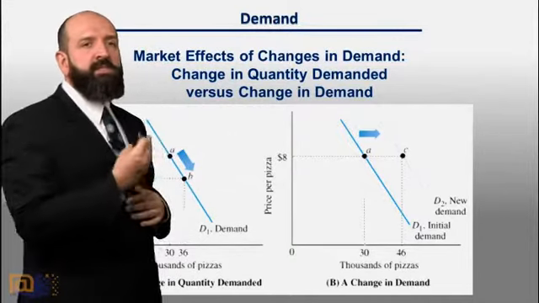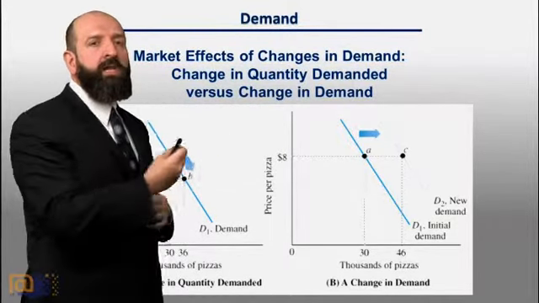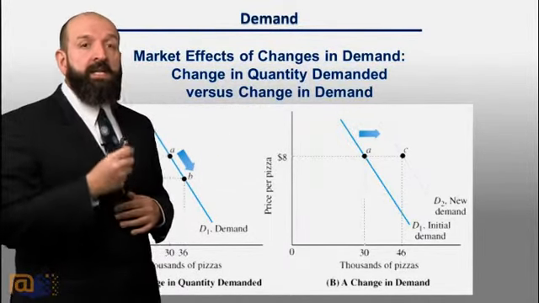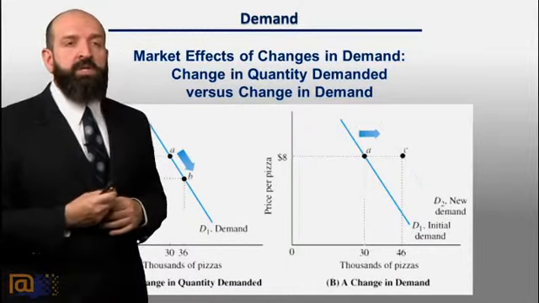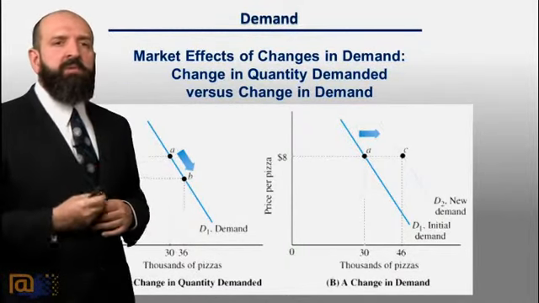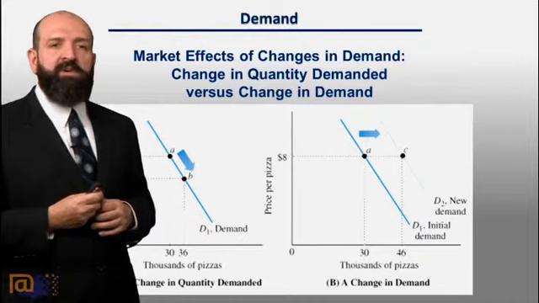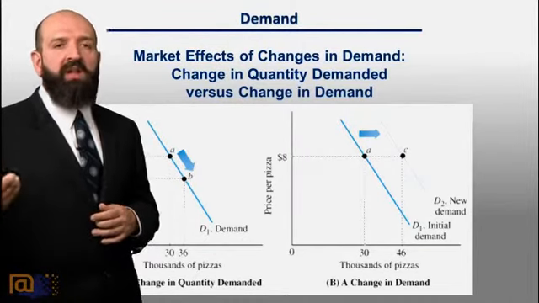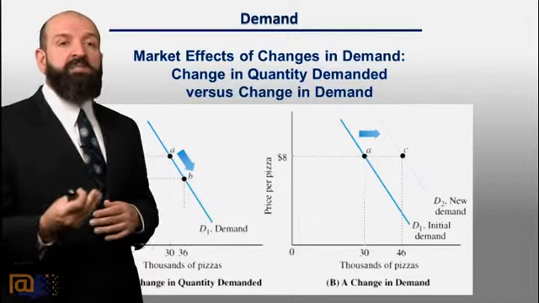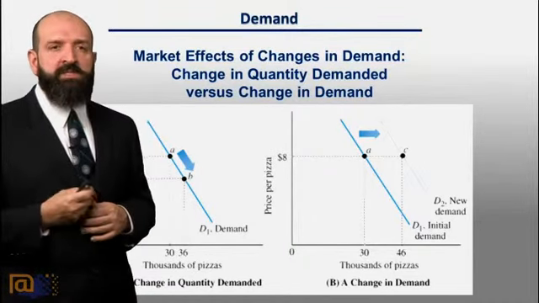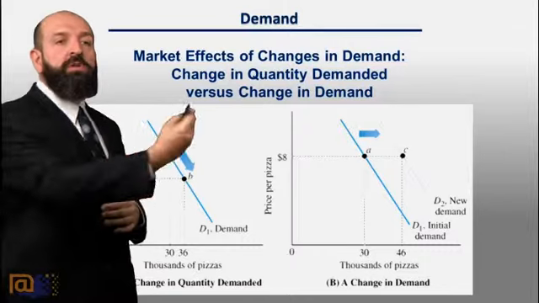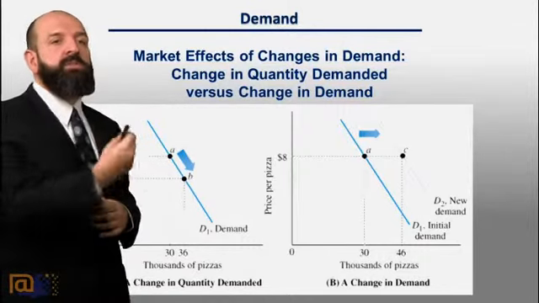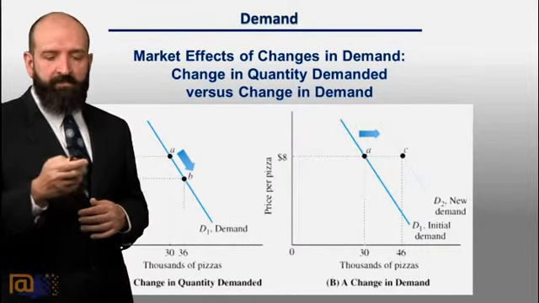In this case, it shifted outward or shifted to the right. And at any given price, the quantity demanded will actually go up. In this example of pizzas, if hypothetically speaking, there was a research saying that pizzas are good for your health, at any given price, consumers will demand more pizzas, and that will shift the whole demand curve, the whole demand schedule to the right.